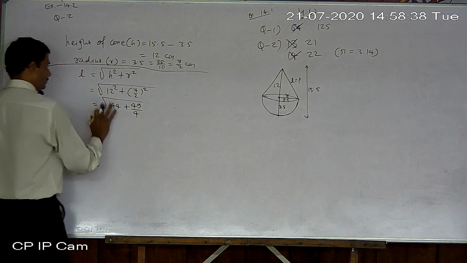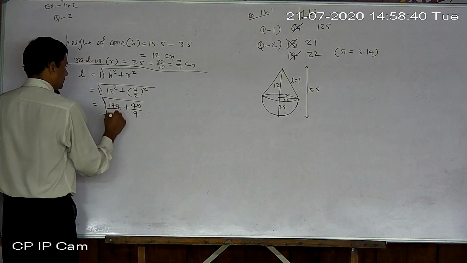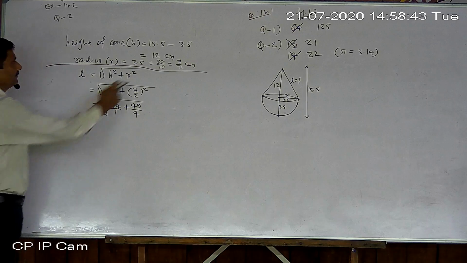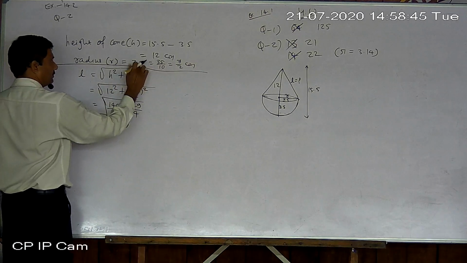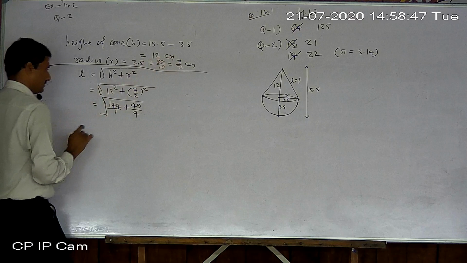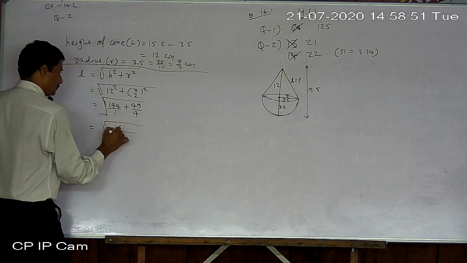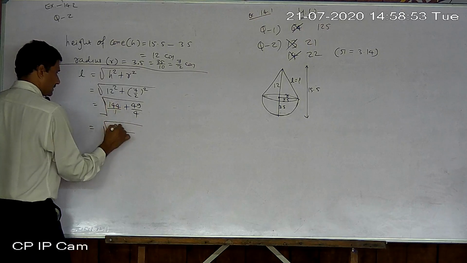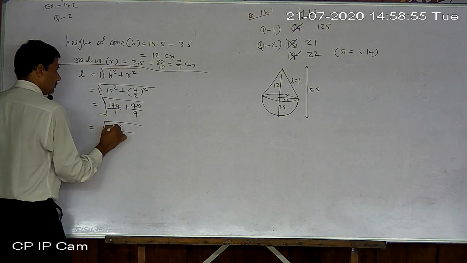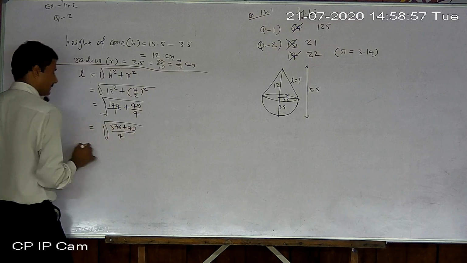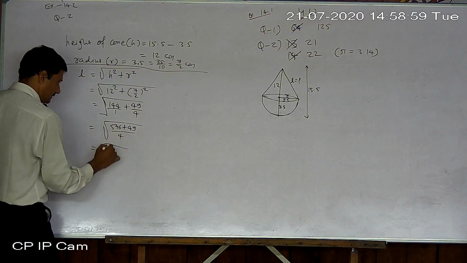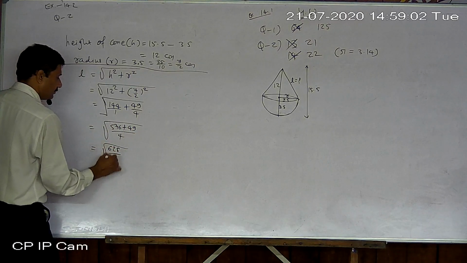49 upon 4. Make this one also a fraction. Where from? From 7 by 2, as you know. Remove the point and then take the simplest fraction. Now just cross multiply here by 4. So 4 fours are 16, 17; 4 ones are 4, 5 plus 49. So it will be 625 divided by 4.